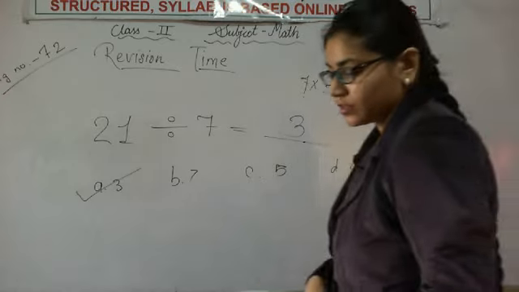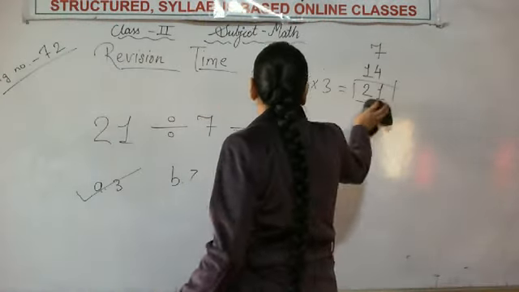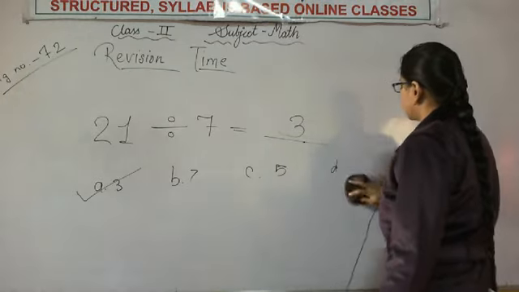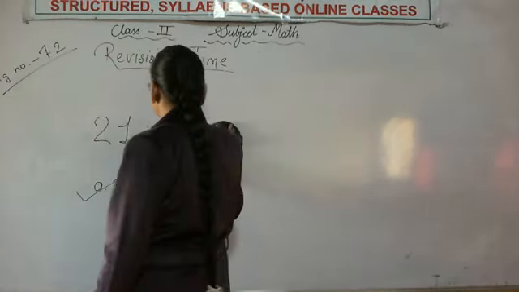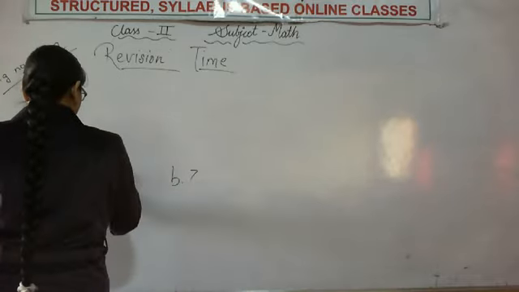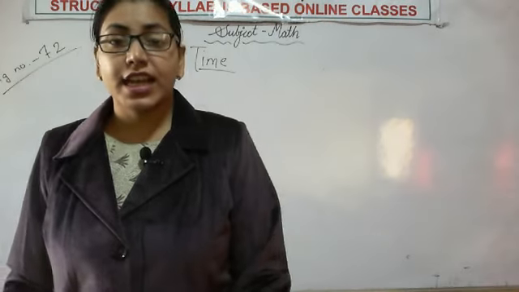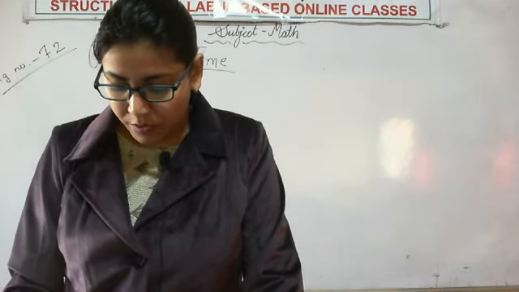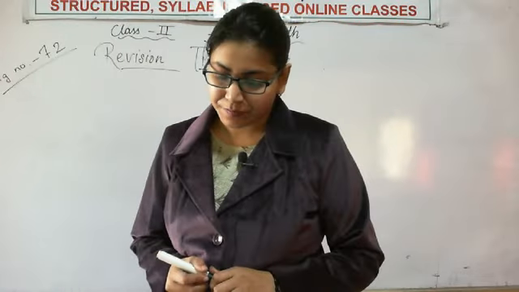Okay, so now let's move further. All of you read question D. So question D is Faisal scored equal number of goals in 3 matches.